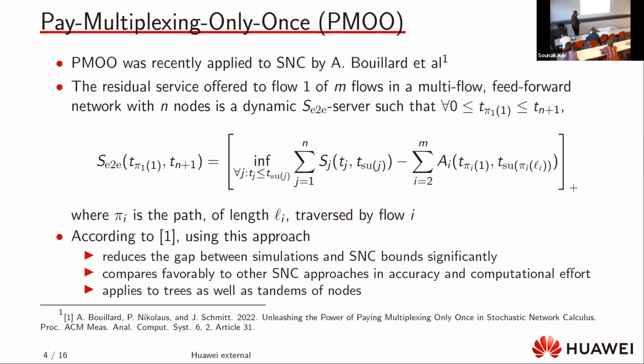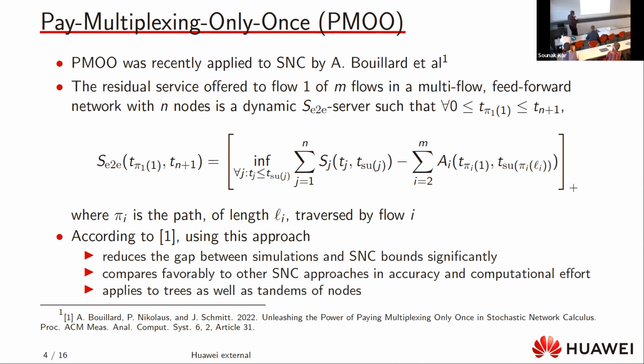The next step is to sum up all the servers over the period between the time variable associated with its input and the time variable associated with its output, and then subtract all the traffic over the periods delimited by the time variable at the point where it joins the network and the time variable at the point where it exits.